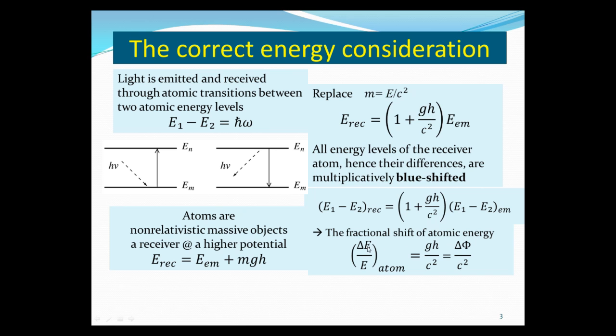So the fractional shift is equal to gh over c squared, which can be written more generally as delta phi over c squared. So the atomic level differences are all shifted.